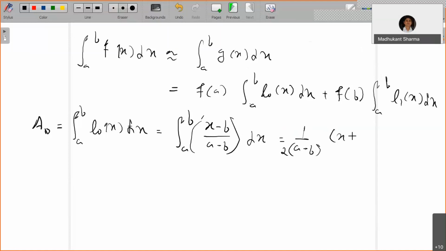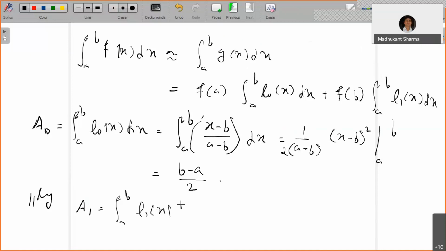Okay, so let me write one more step, a to b. So that is going to be (b minus a) by 2. Similarly, you can show that a1 is equal to the integration from a to b of L1 of x dx, which is equal to (b minus a) by 2.